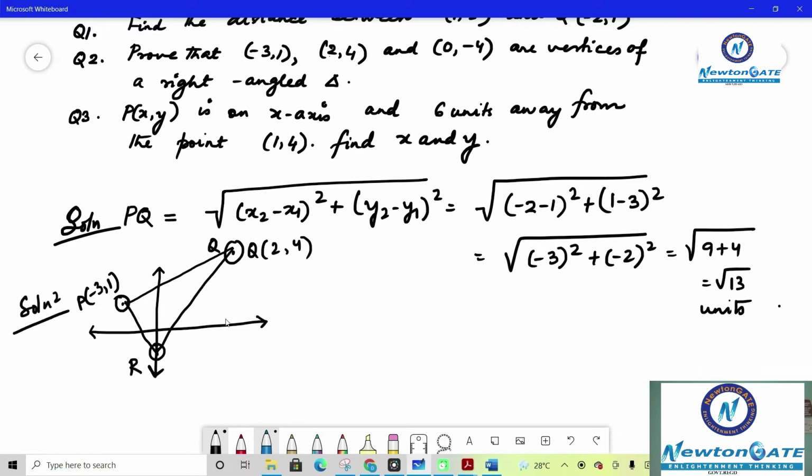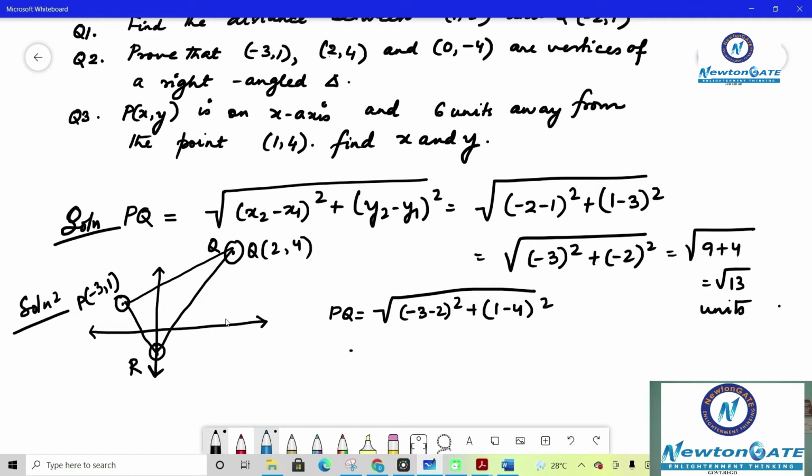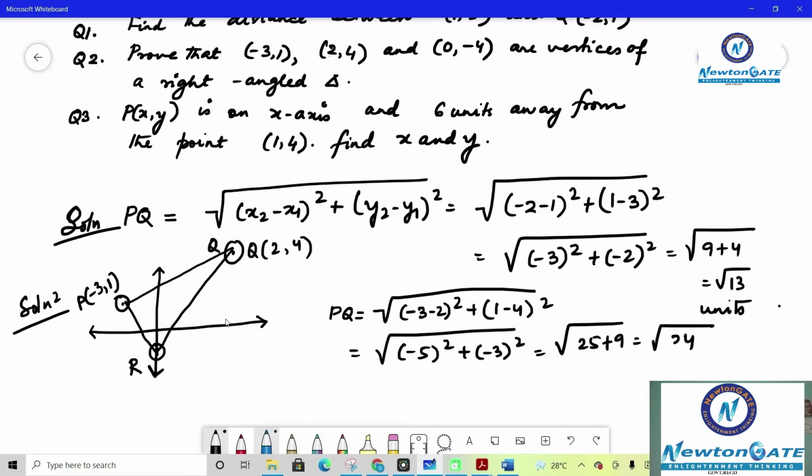Now we will try to find out the distance between the different points. First let us find PQ, which is the square root of minus 3 minus 2 whole square plus 1 minus 4 whole square. So, minus 5 whole square plus minus 3 whole square, that is 25 plus 9, that is 34 units.